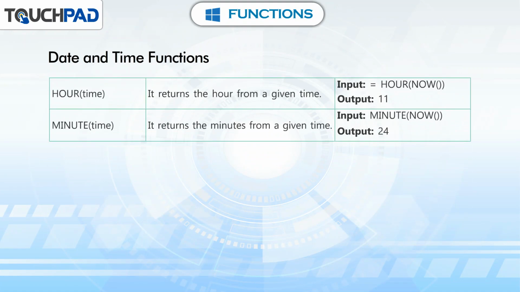HOUR(time) returns the hour from a given time. Input: =HOUR(NOW()). Output: 11. MINUTE(time) returns the minutes from a given time. Input: =MINUTE(NOW()). Output: 24.